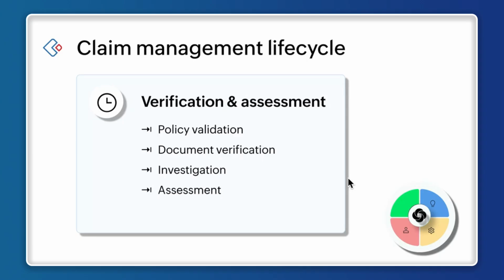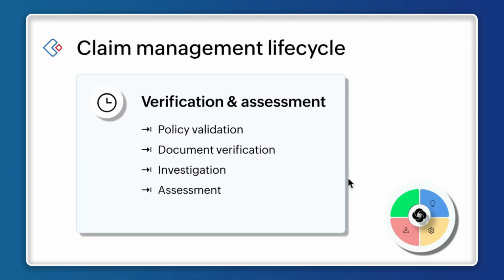The system will be checking whether the policy is active and the policyholder has an active policy. All those things will be checked at the first level, and that goes into the document verification part, where the supporting documents uploaded for a single medical claim or any type of claim will be verified by the claim manager, and then it goes into the assessment or investigation.